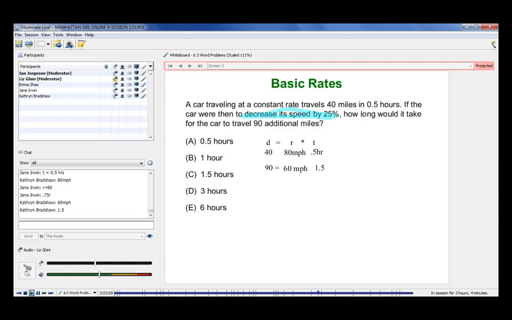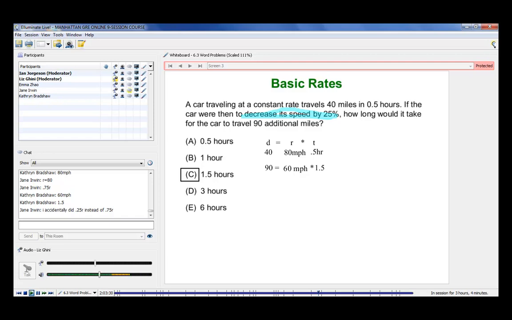Okay, now, not everyone got that. What happened if you didn't get it? Let's do some analysis. What went wrong? Jane, okay, so you accidentally did 25R instead of 75R. So that's really a reading issue.